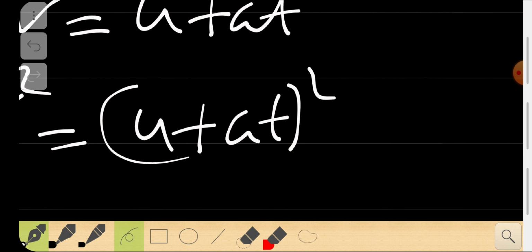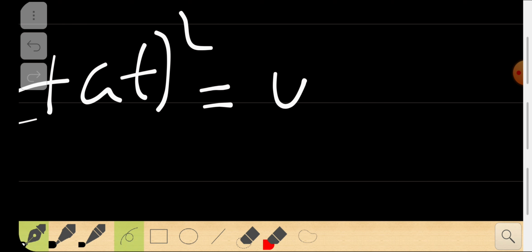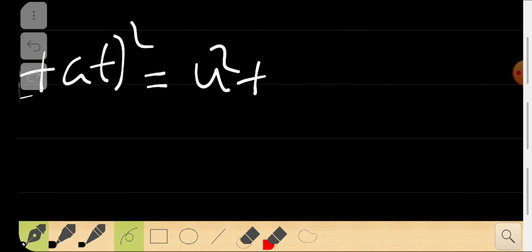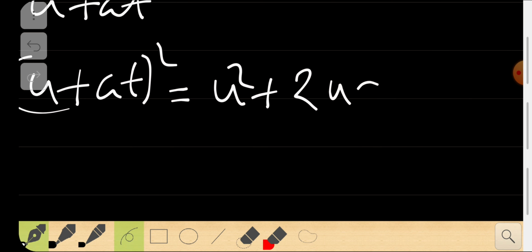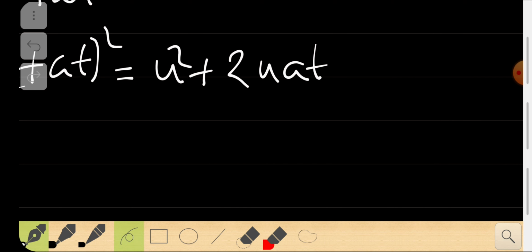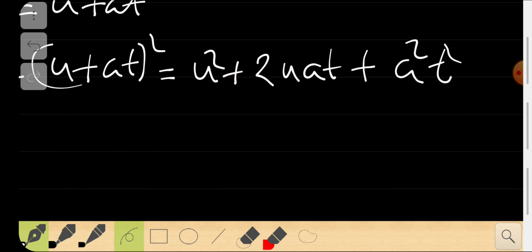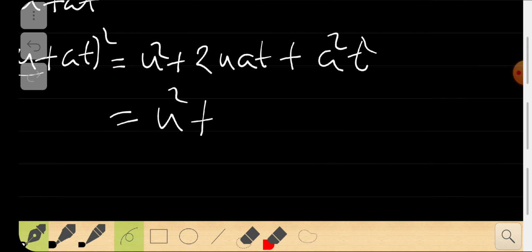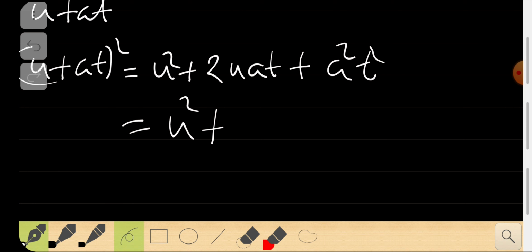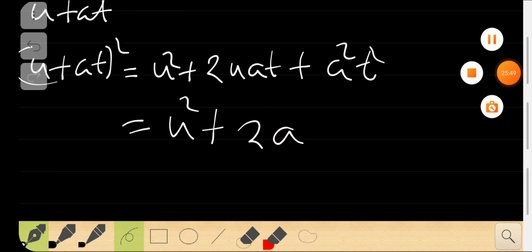You can expand that and you get u square plus 2uat plus a square t square. Now what you can do is take out a common factor, 2a.